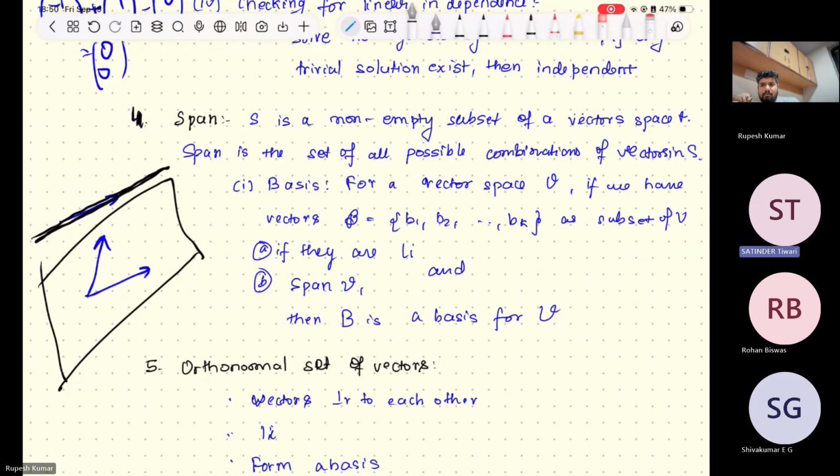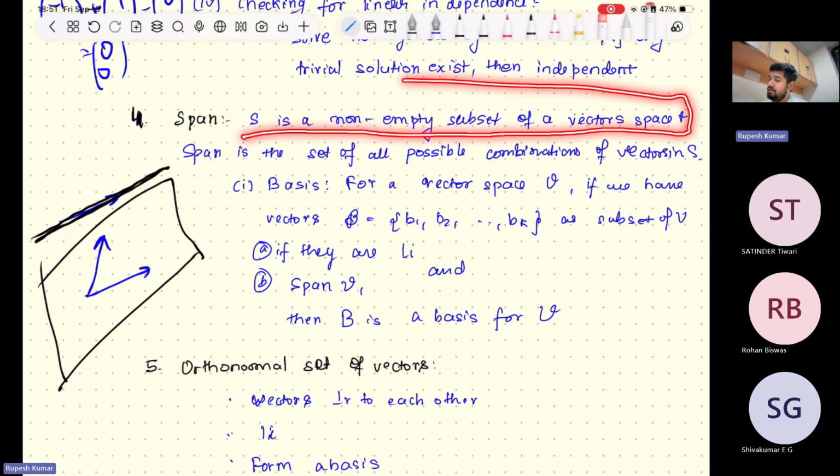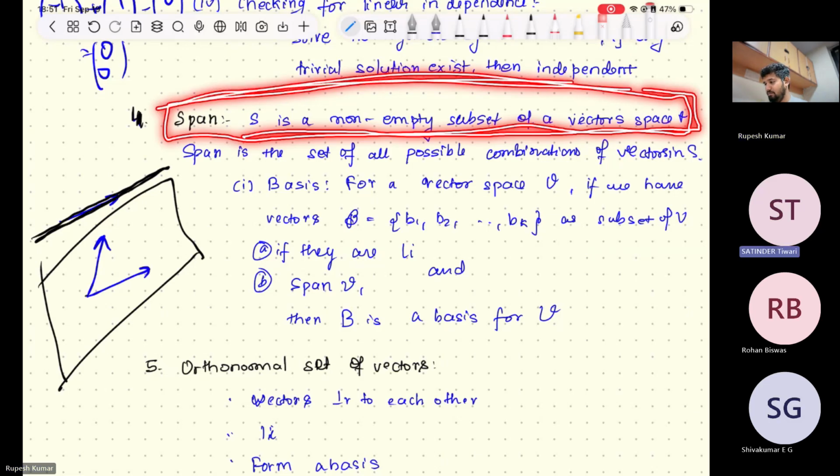Sir, I still have a little doubt about the span concept. First of all, span means it must be a subspace, because it must be a vector space. It is a subset of any vector space, so it must be a subspace.